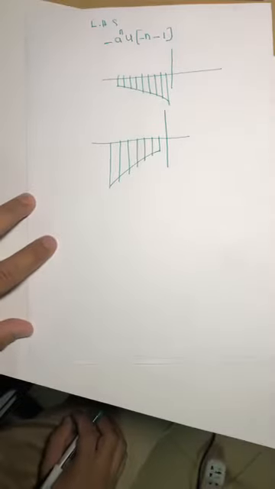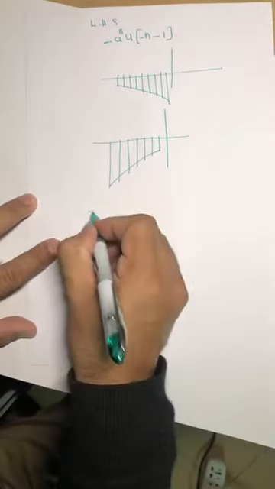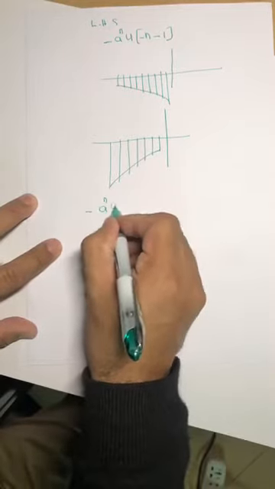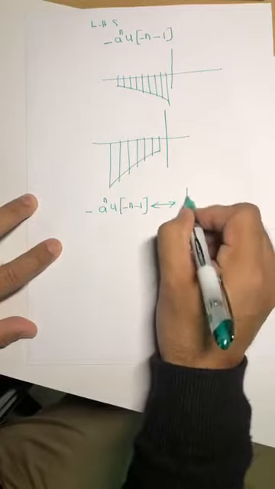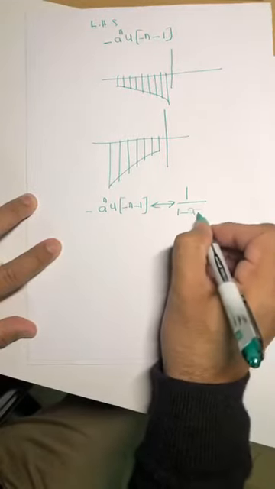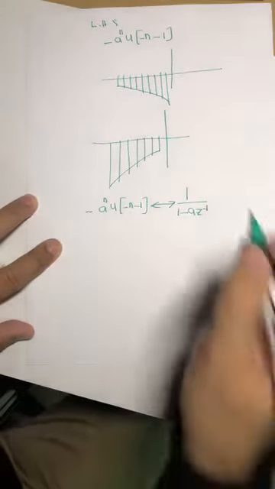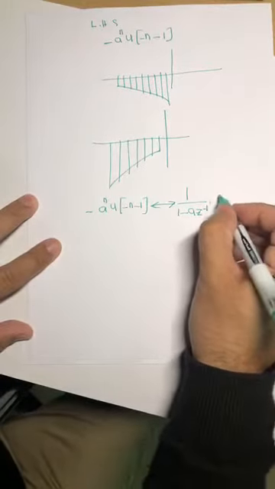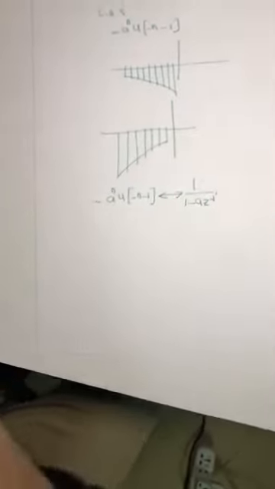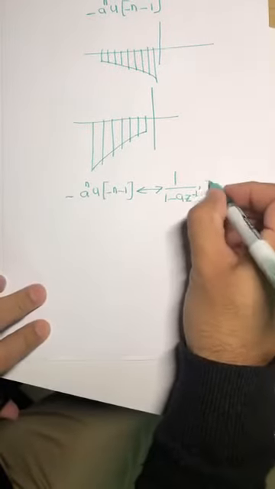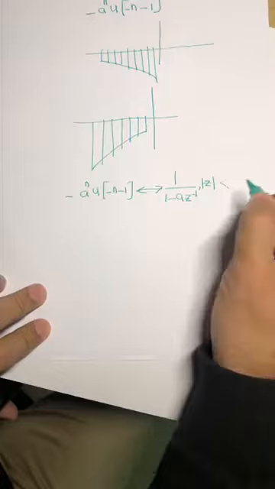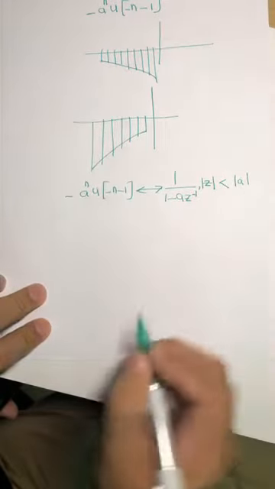So these are the two possibilities of this sequence, and we know that the Z transform is the same, which is 1 over 1 minus a z inverse, but this time the region of convergence is z magnitude less than a magnitude.